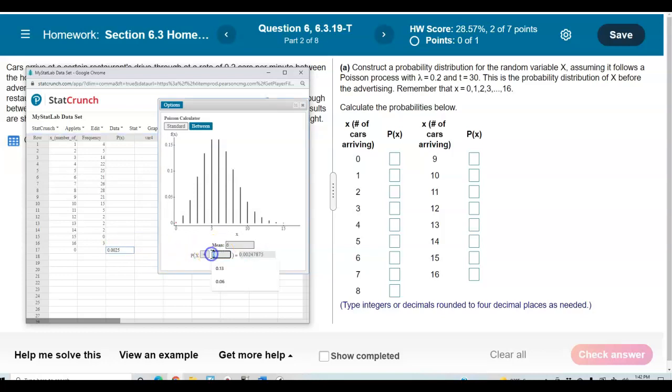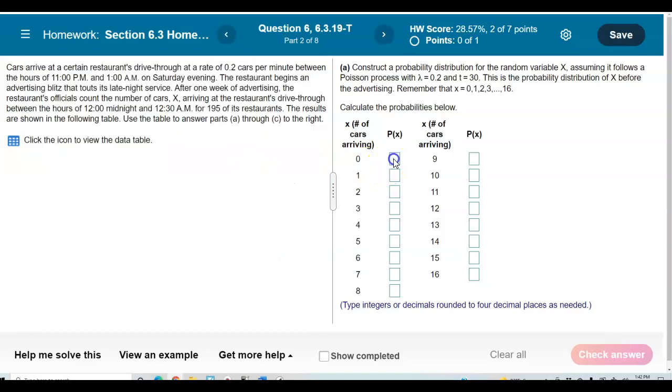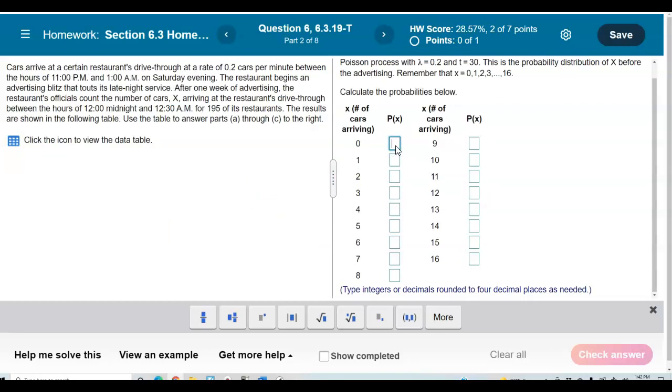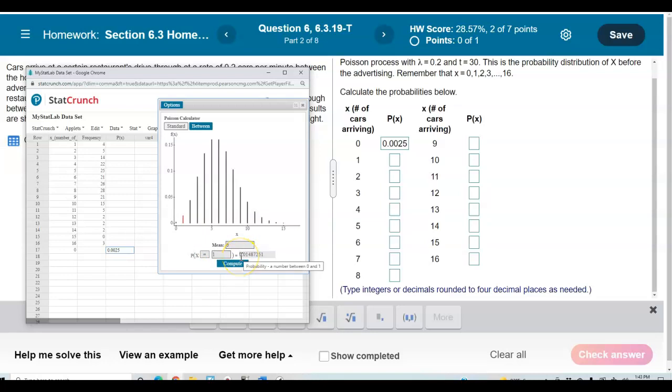Okay, and then we're going to change this to 1. Let's compute that. Now in addition to this, we're going to write it over here as well. Next we're going to change this to 1, and then compute, and we get 0.0149.